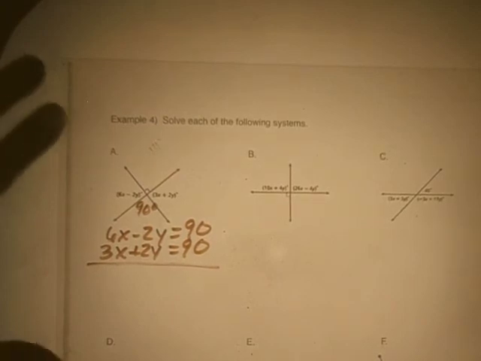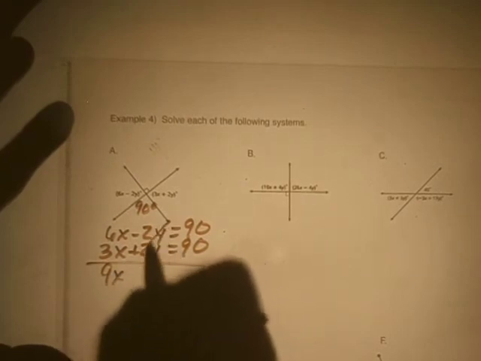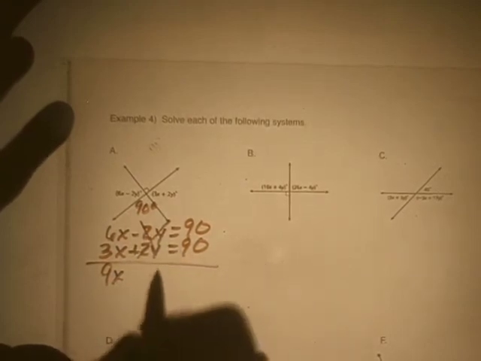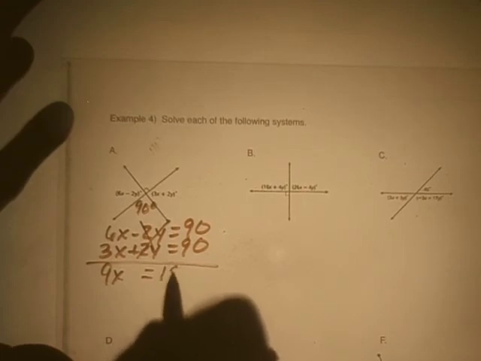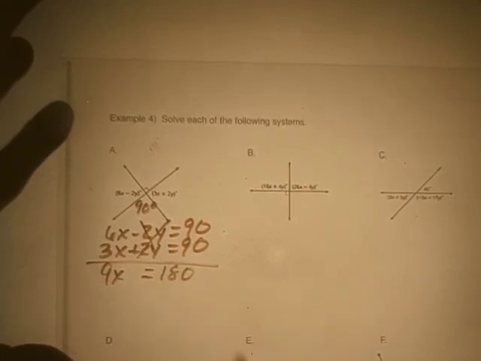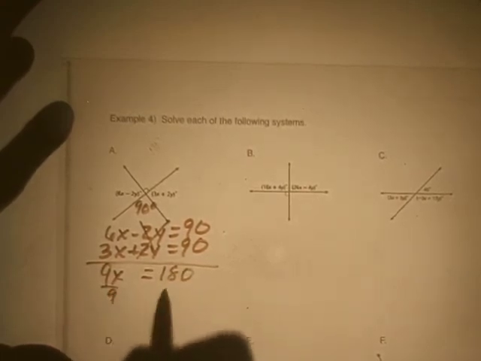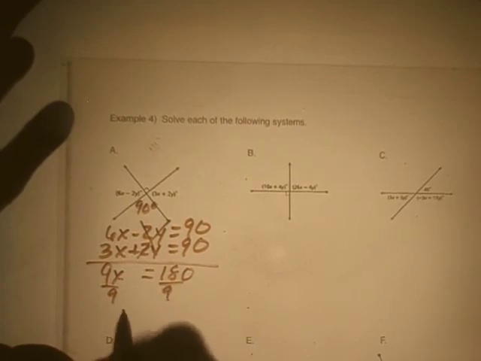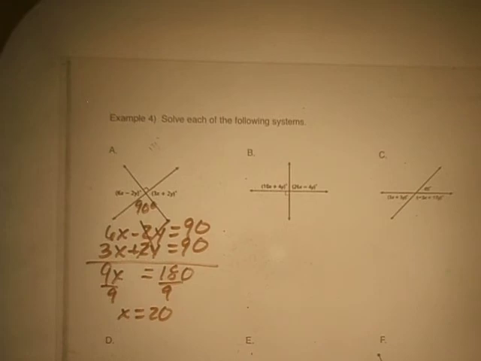If you add everything going down, you will have 9x. Positive 2y and negative 2y cancel out, equals 180. And if you divide both sides by 9, your x equals 20. You do need to go back, substitute in, and figure out your y value.